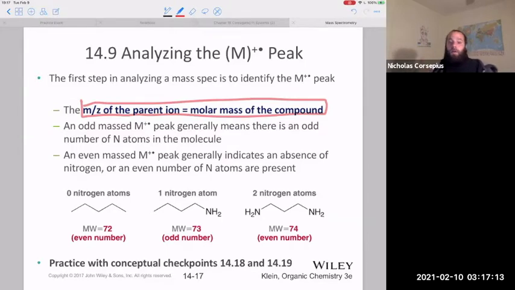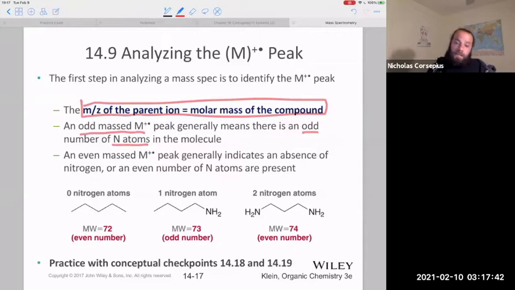Another easy piece of information you can get right off the bat is that if you have an odd mass molecular ion peak, it means that there are an odd number of nitrogen atoms in that molecule. We're talking about organic molecules here, and nitrogen is one of the few atoms you're going to add that gives you an odd number molecular ion.